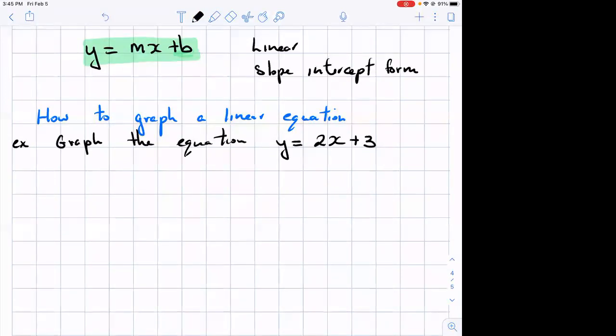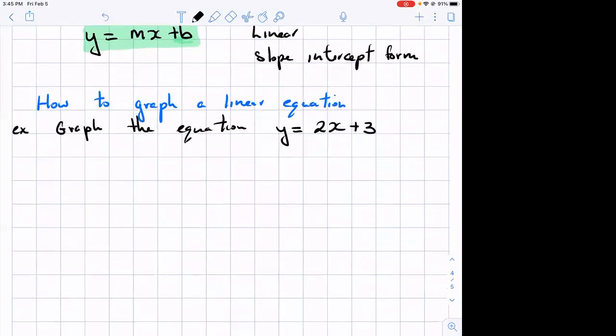Okay, graph the equation y equals 2x plus 3. So what we do, and we will use here the table, we will graph by creating a table.